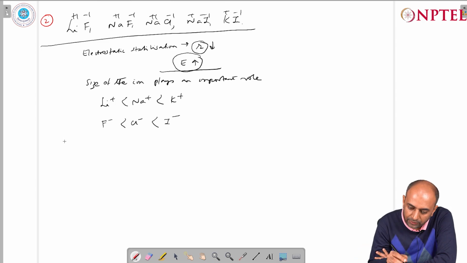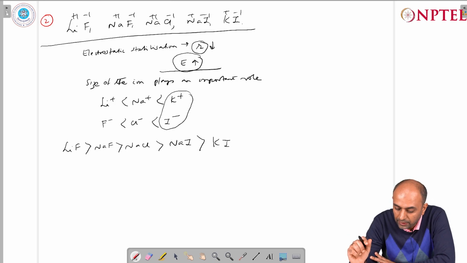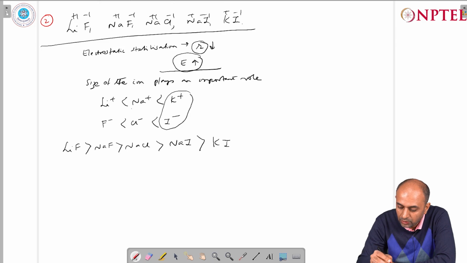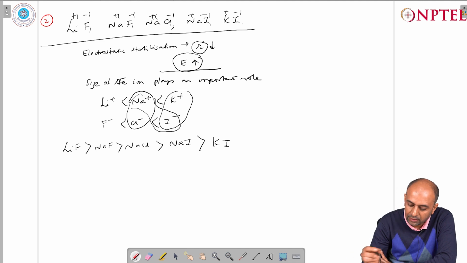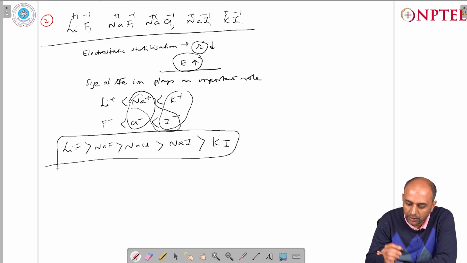So lithium fluoride has the greatest electrostatic stabilization, followed by NaF, followed by NaCl, followed by NaI, and the least for KI, because K and I have the largest cation and anion size. So this is the order of decreasing electrostatic stabilization.